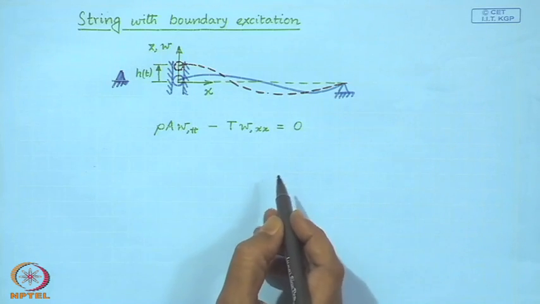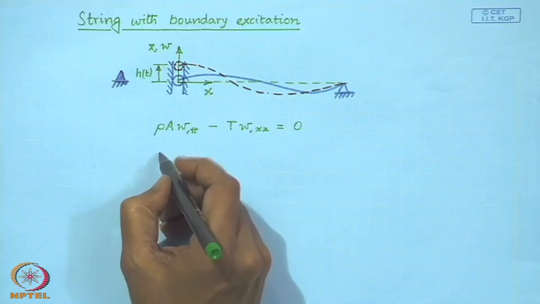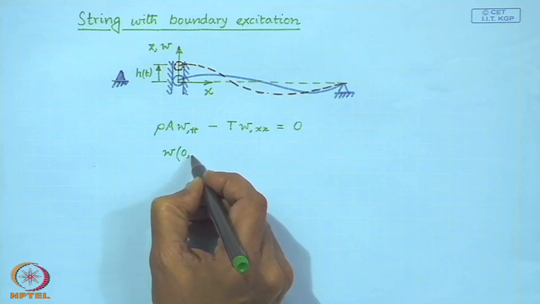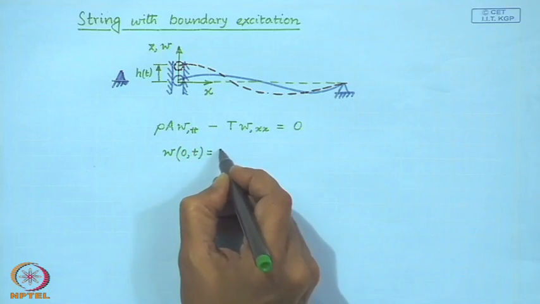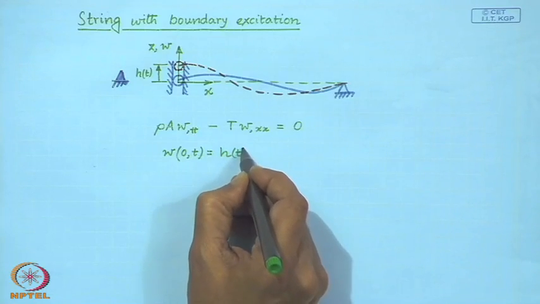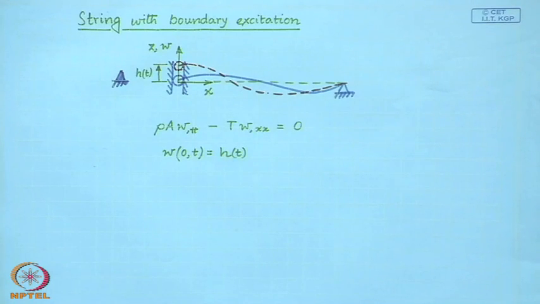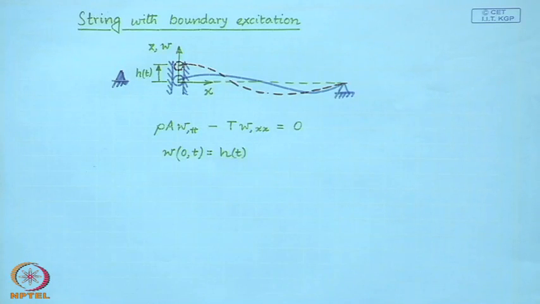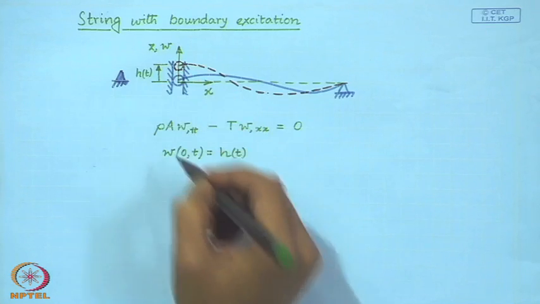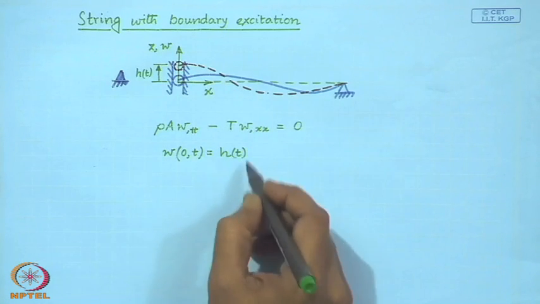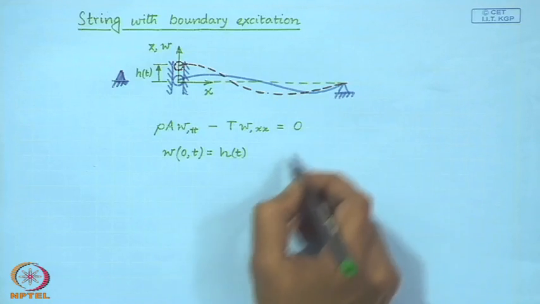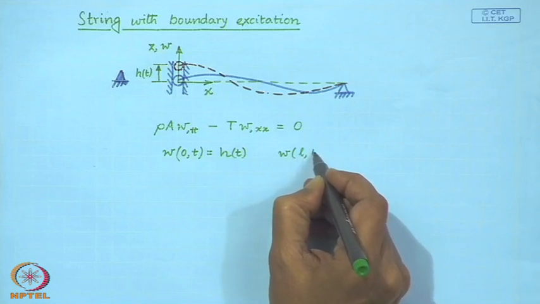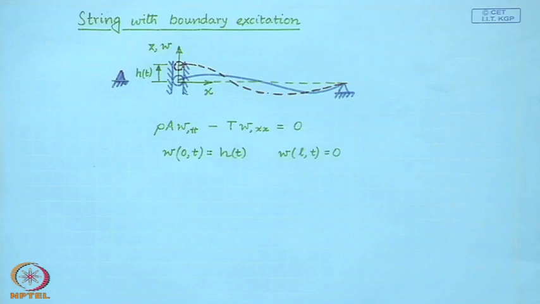The boundary conditions may be written out: at the left boundary at x equal to 0, the string is given a displacement which is a function of time, and at the right boundary the transverse displacement is 0.